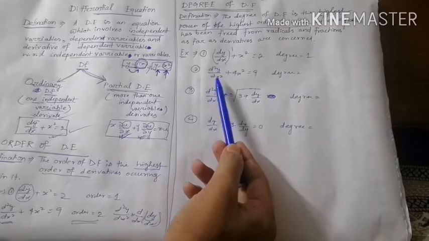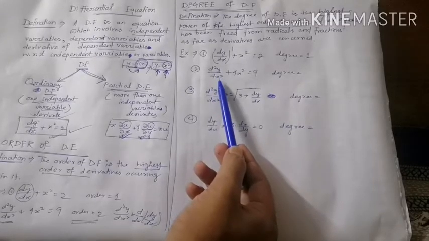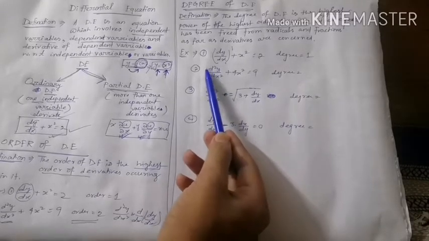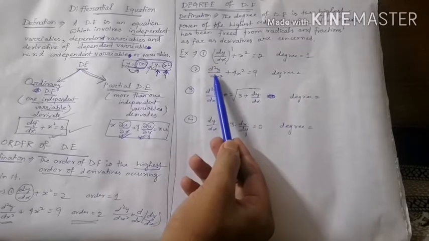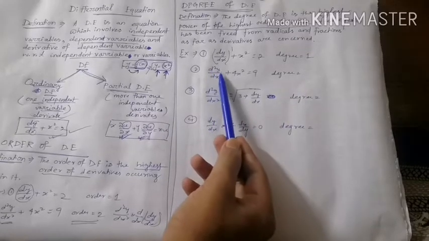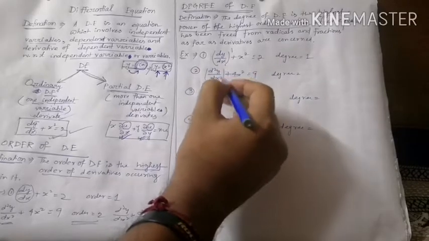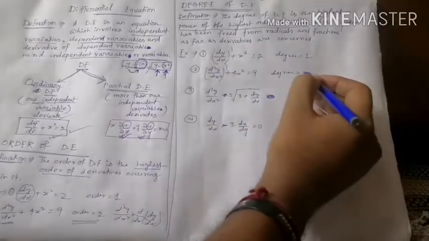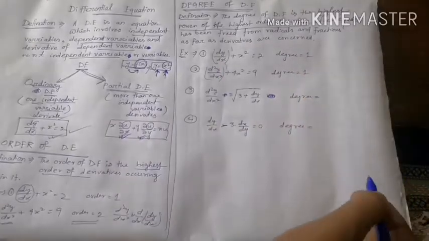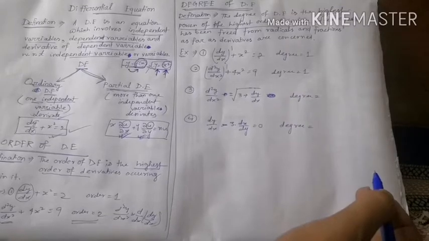So here the order is 2, but for the highest order derivative, the highest power is 1. So in that case the degree is 1.